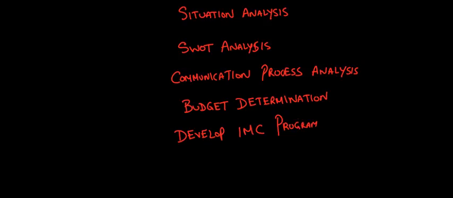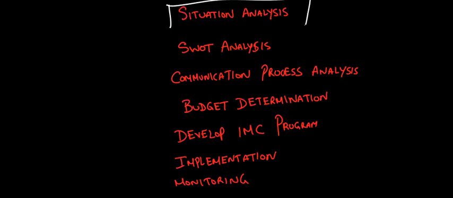And then the 6th step is implementation of the program, and finally it ends up with monitoring. So these are all the steps which are involved in the IMC process. We'll just have it as a block so that it will be easy for you to understand it more clearly.